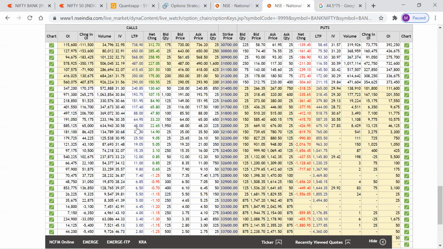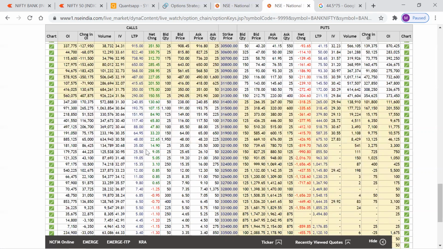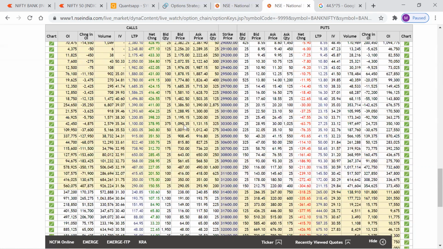Because it's white area, we call it out of the money. For in the money strikes, you need to choose strikes which are lower than the at the money strike, which is the last traded price strike.